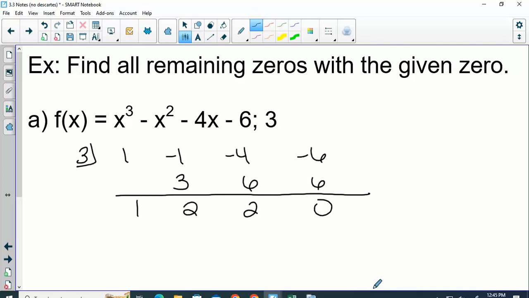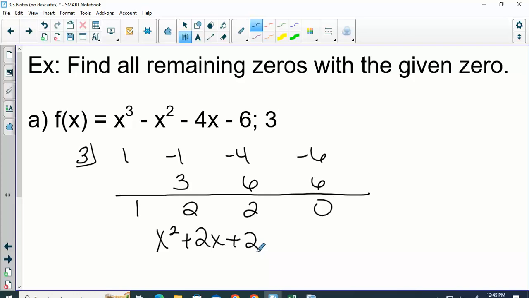Okay. At this point, we need to do the x squared plus 2x plus 2.